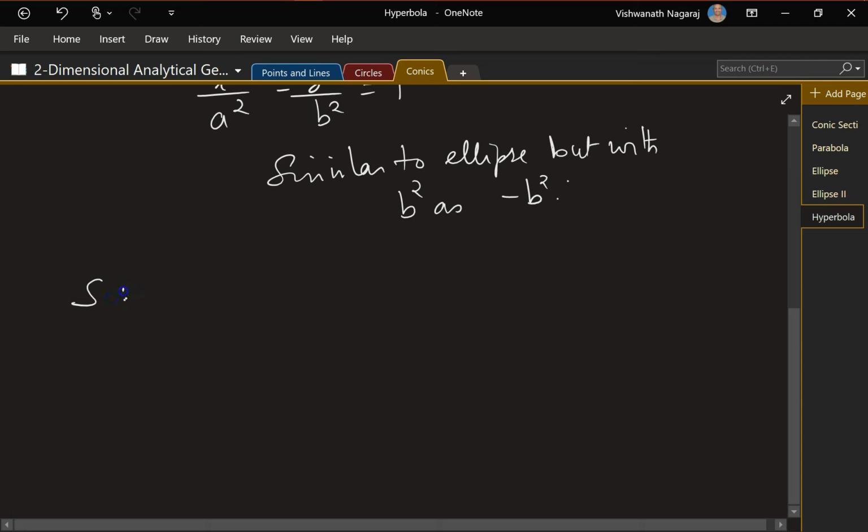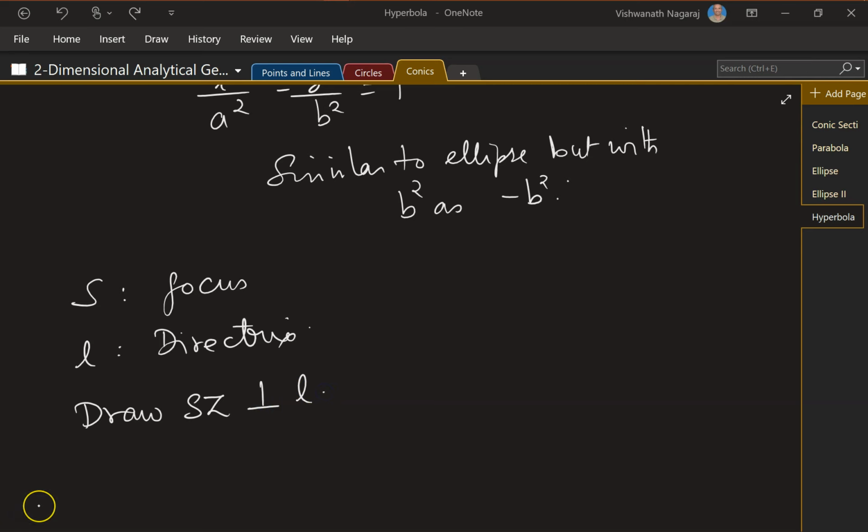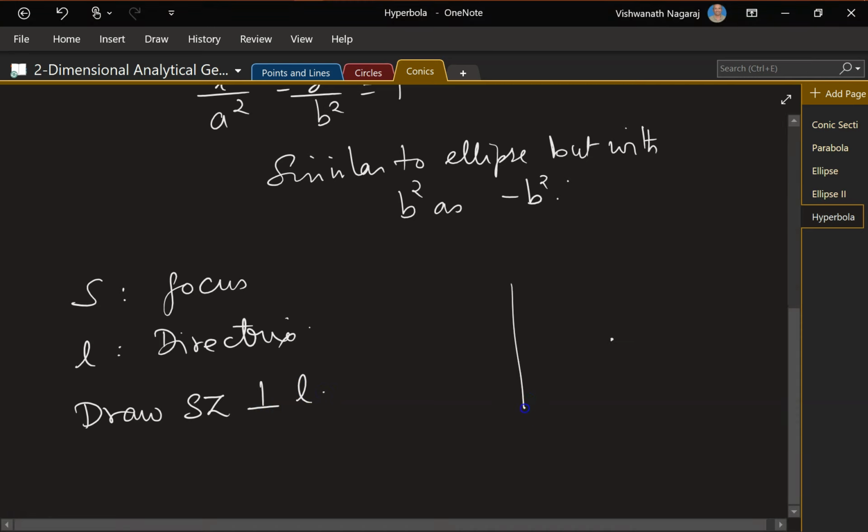So let's say S is the focus, L is the directrix. Draw SZ perpendicular to L. So we have S and we have a directrix. Draw SZ.